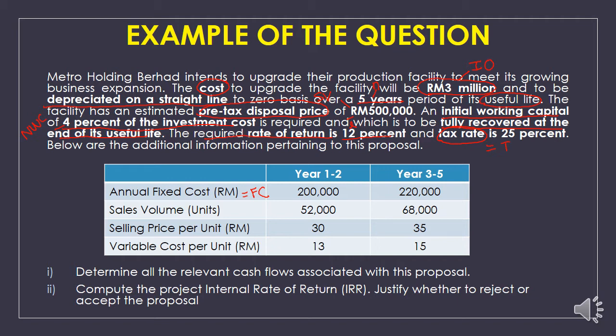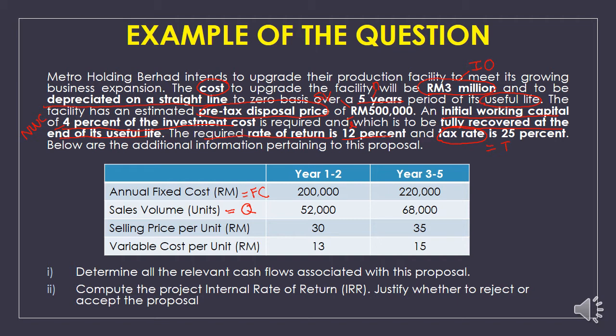The second piece of additional information is regarding sales volume. Sales volume in quantity or in units is represented by Q. The quantity of sales for year 1 until year 2 is 52,000, while for year 3 until year 5 it is 68,000.